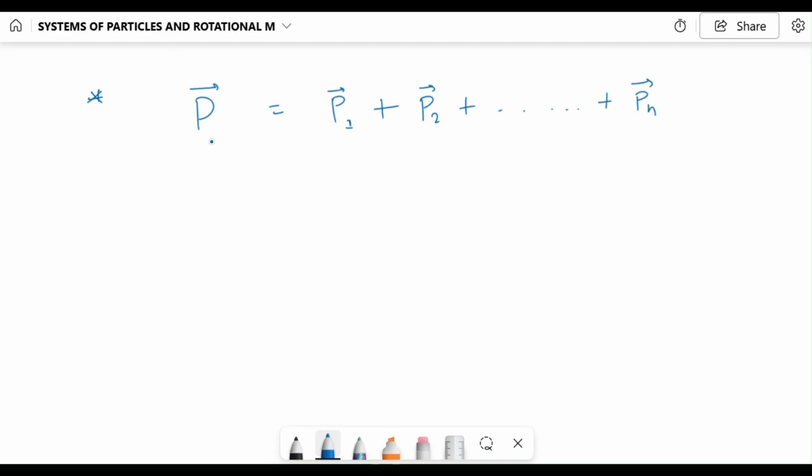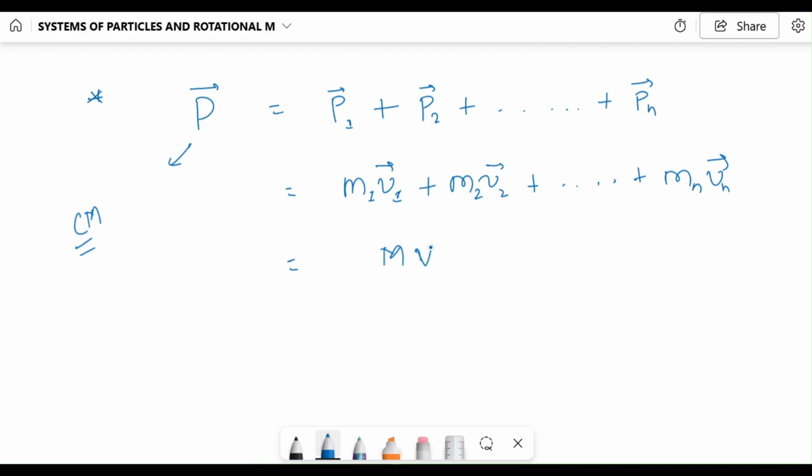And then we can say this is the linear momentum of the center of mass. We can write here m1 v1, as we know, m2 v2 plus up to mn vn, and this is going to be p.